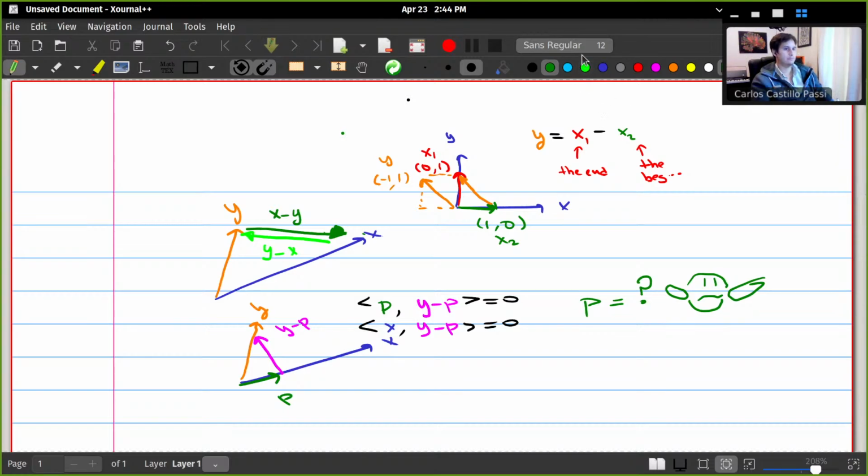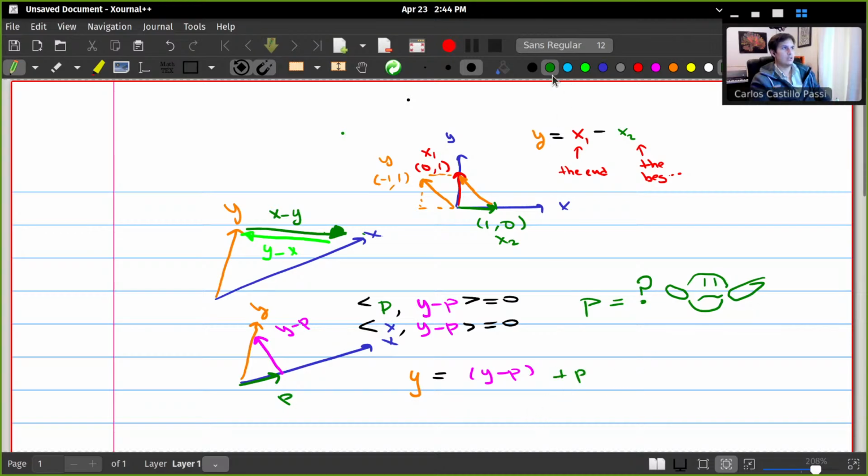Exactly. So that is because we have y is the same as, obviously, y minus p, that is the vector in pink, plus p, right?